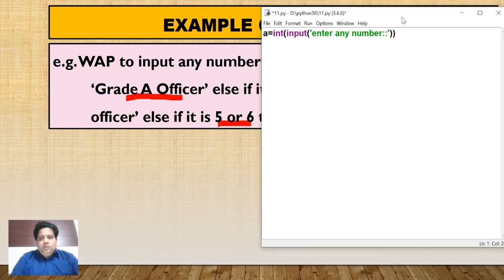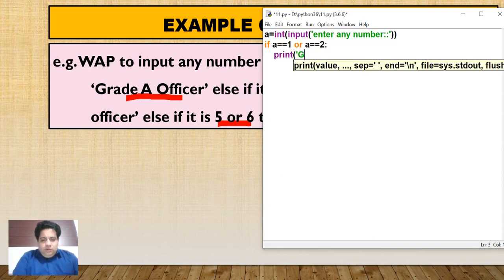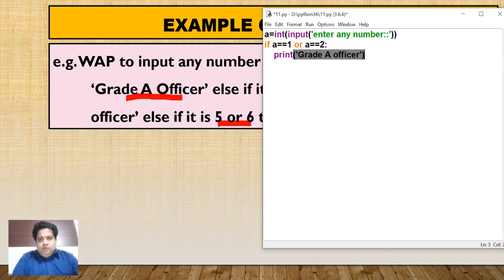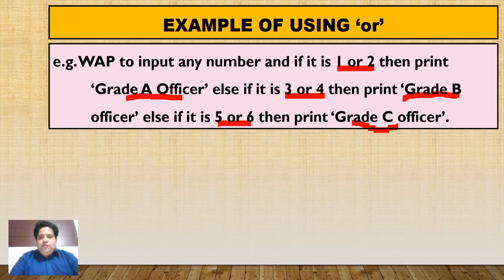Okay. Now the first is if A equal to 1 or A equal to 2, print grade A officer. This is the first condition. If it is 1 or 2, print grade A officer.